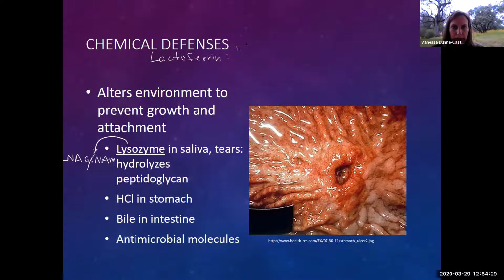One, it's important in sequestering iron. And what that means is that it essentially acts like a sponge. Pathogens need iron. They need iron as a cofactor in many of their enzymes.